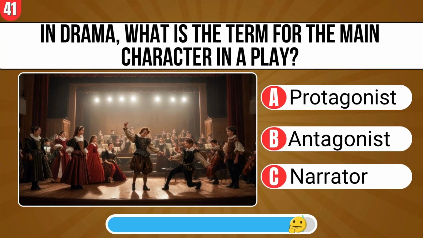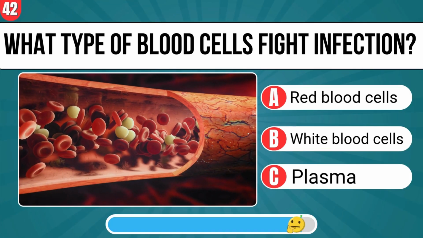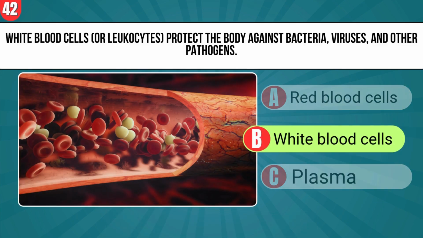In drama, what is the term for the main character in a play? The protagonist is the term for the main character in a play. What type of blood cells fight infection? White blood cells protect the body against bacteria.